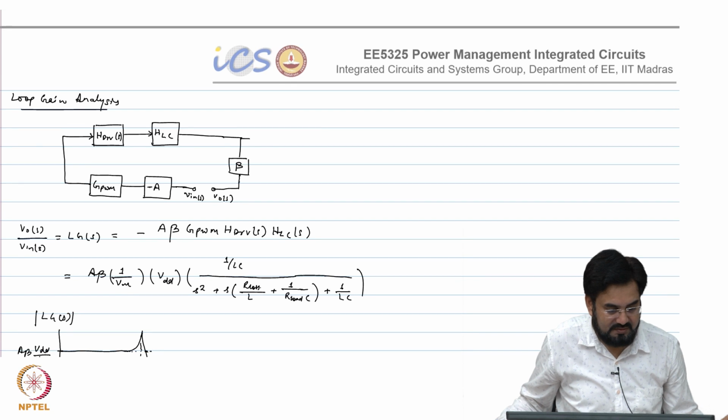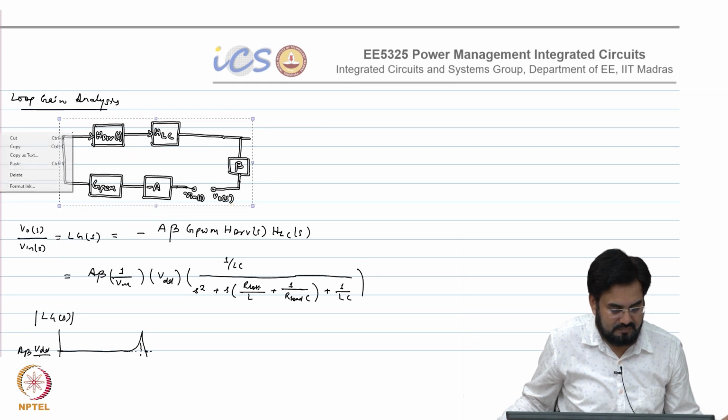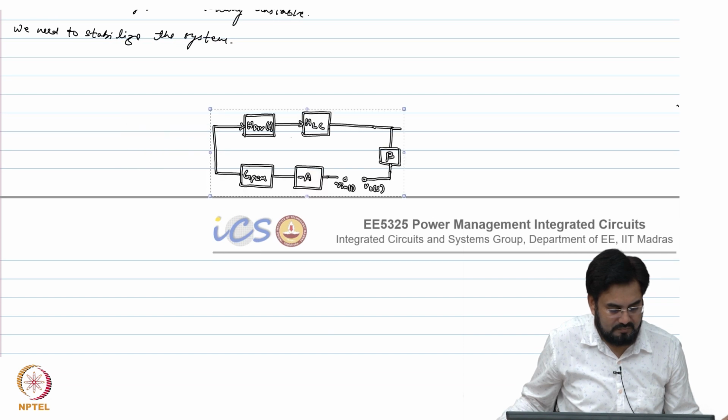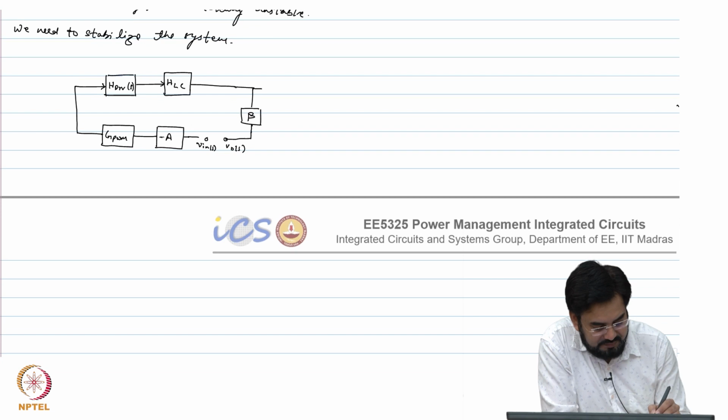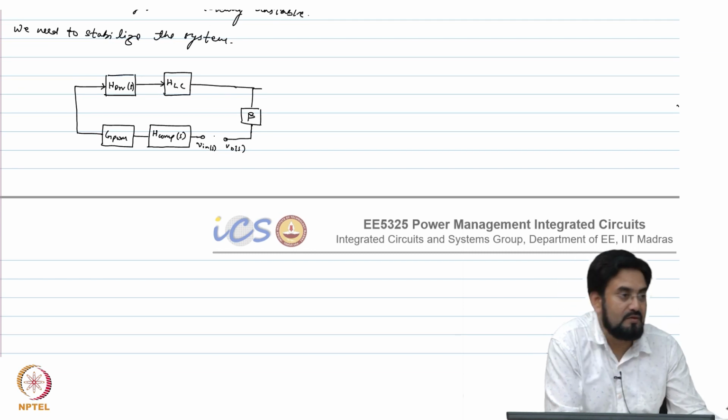So, let us copy this again. So, what we will do, we will replace this amplifier with a transfer function H of, let's choose a bigger, okay.